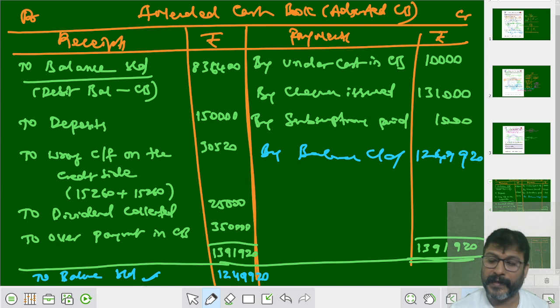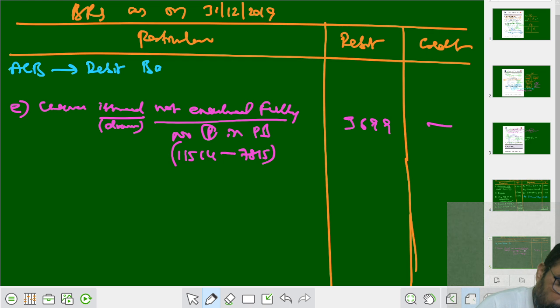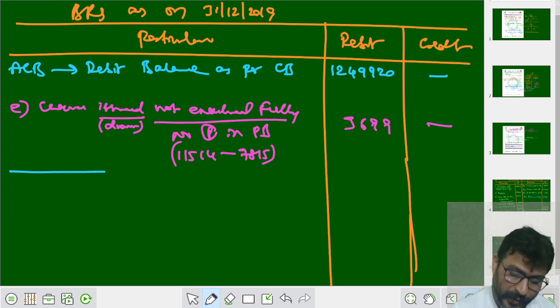Kidhar hai? Debit side hai. So where you left the space na, here we have to write ACB debit balance as per cash book 12,49,920 dash.